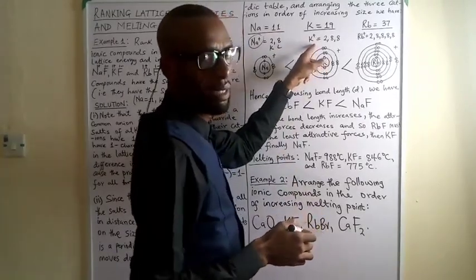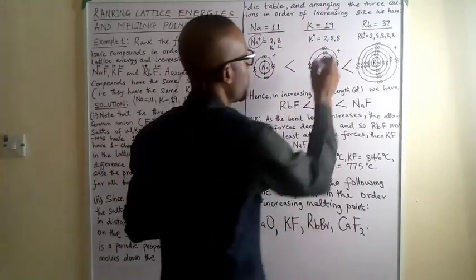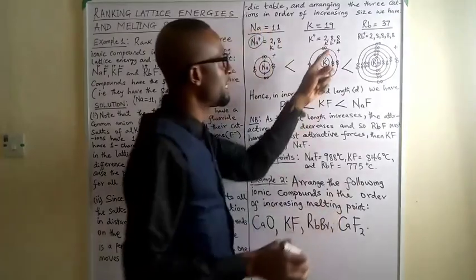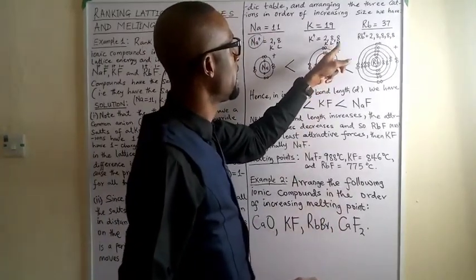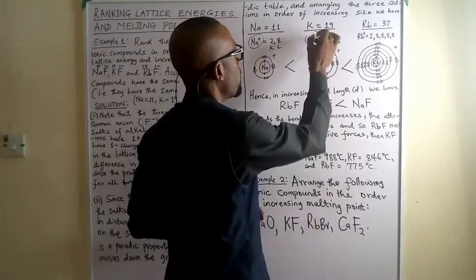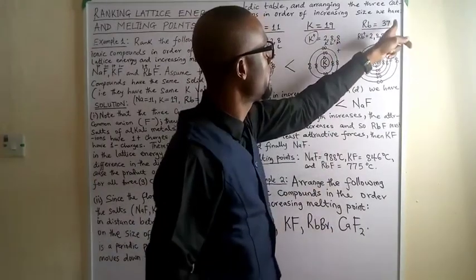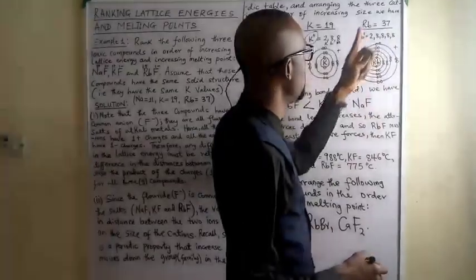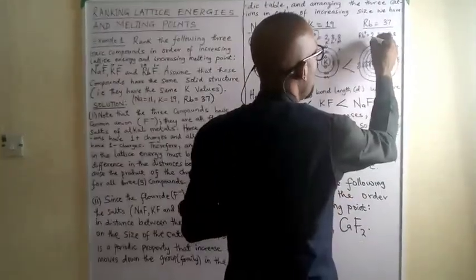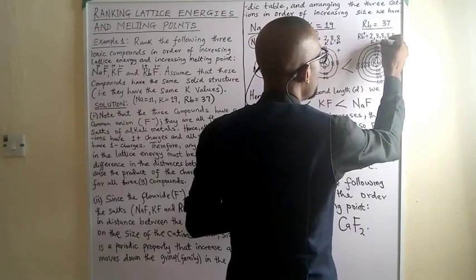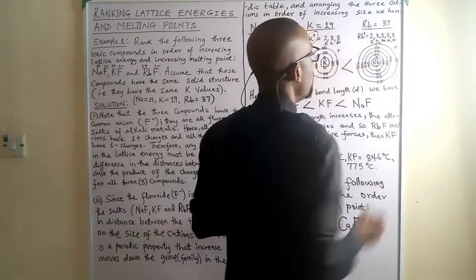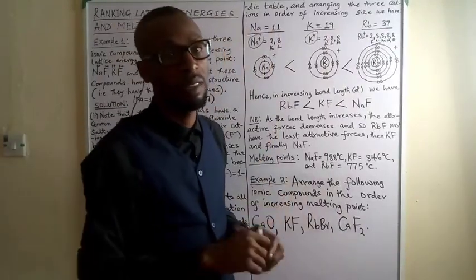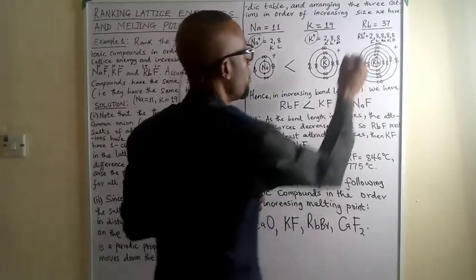Potassium, again an alkali metal, lost 1 of its electrons. Instead of having K, L, M and N shells, it now had only K, L and M shells in the ionic form. Okay, this is key. Rubidium 37 had 6 shells, but after losing 1 electron in the outermost P shell, you now have the K, L, M, N and O shells.